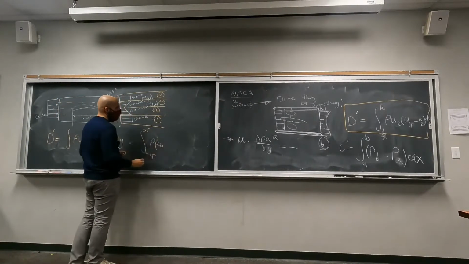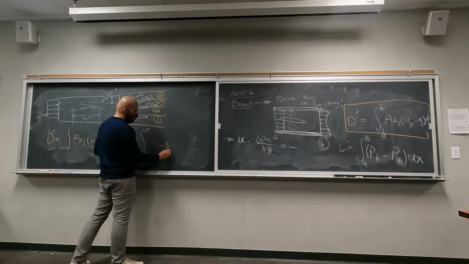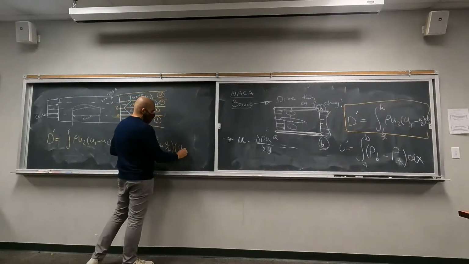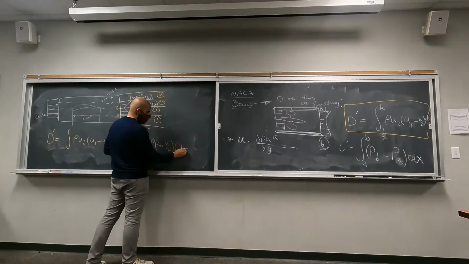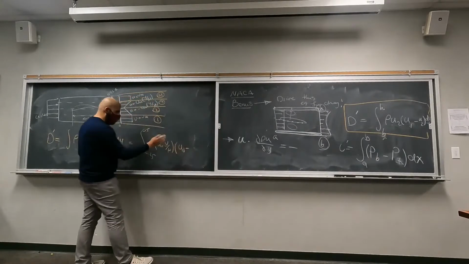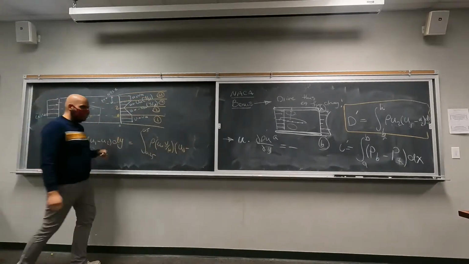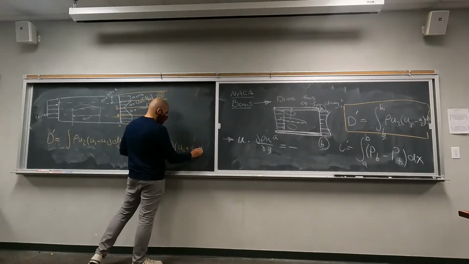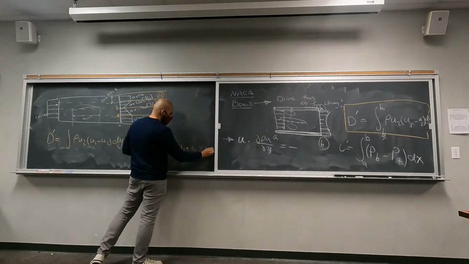Negative u infinity y divided by h, multiplied by u1, which is u infinity, multiplied by, and it is minus a negative value, so it's going to be positive, u infinity y divided by h, dy.